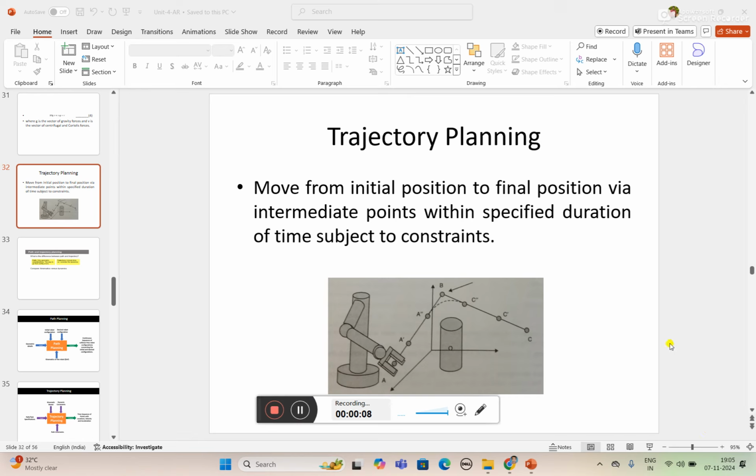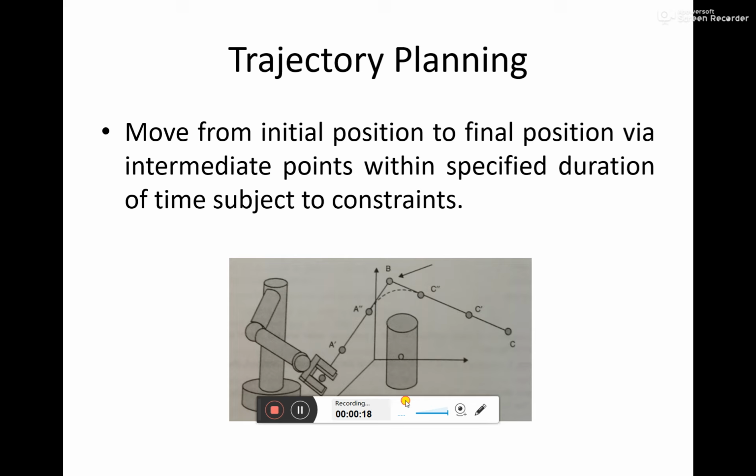Today I am going to discuss the trajectory plan. In today's class, I am going to explain trajectory planning. What is trajectory planning? In trajectory planning, we have already seen that the robot manipulator has to perform different movements.